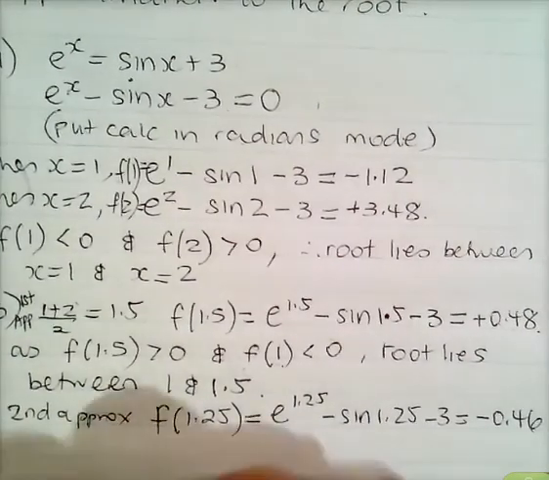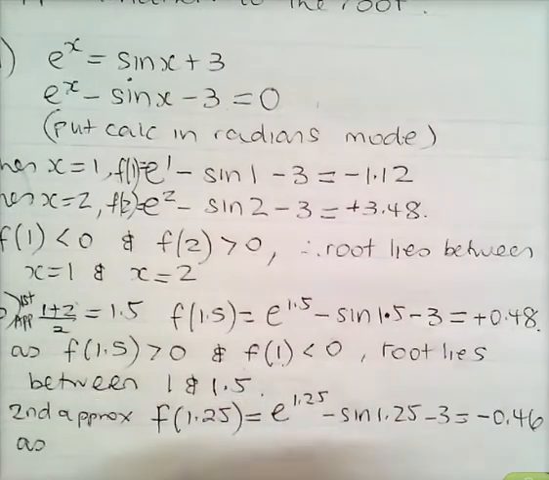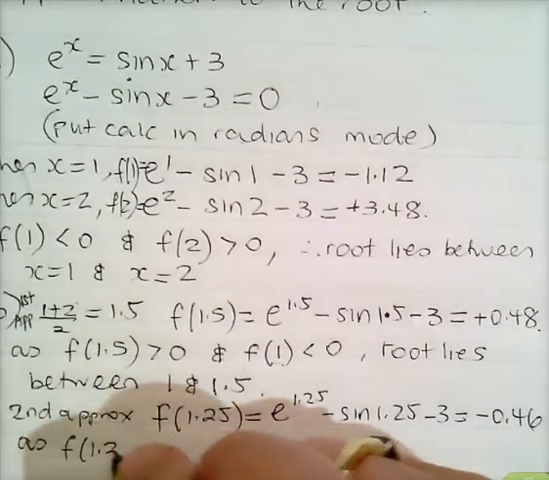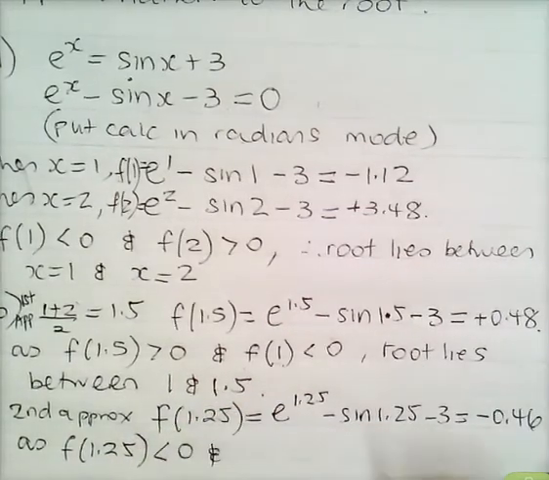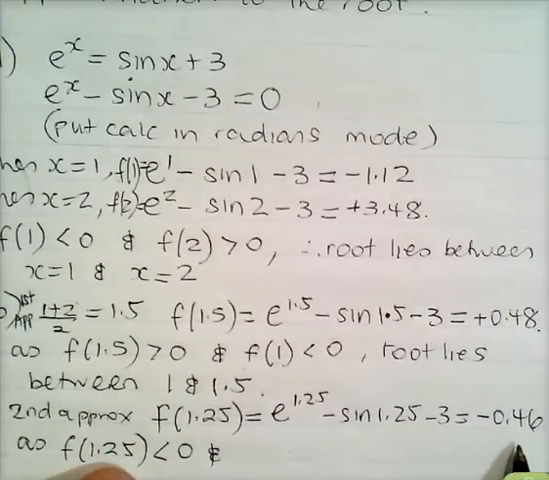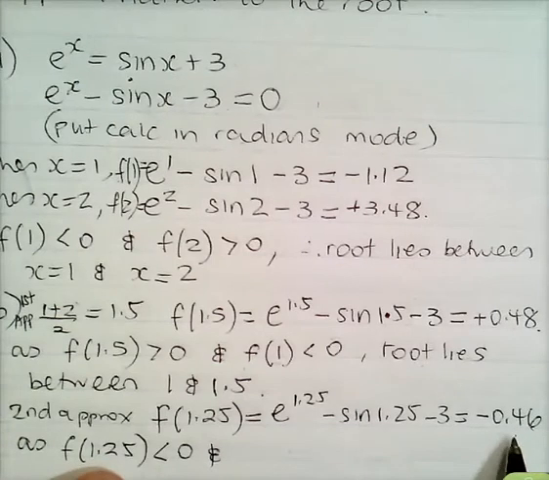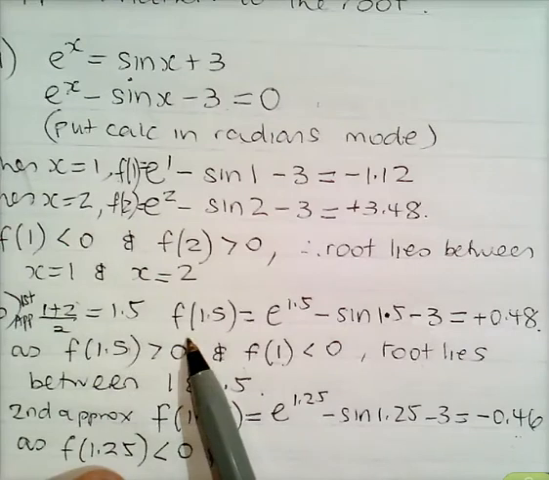And so as the function of 1.25 is negative, now let's see which one's positive. Is the function of 1 positive or is the function of 1.5 positive? Well, the function of 1.5 is positive.